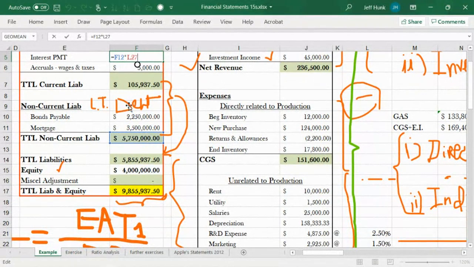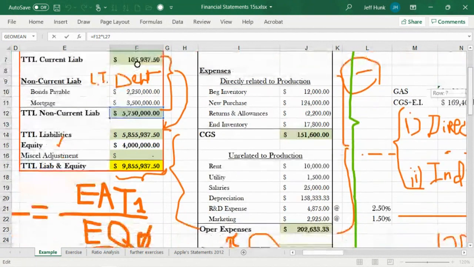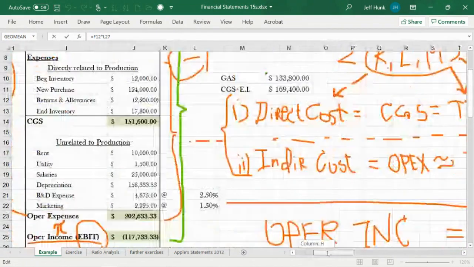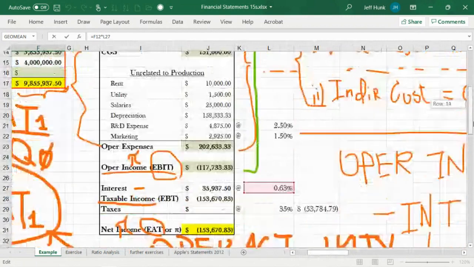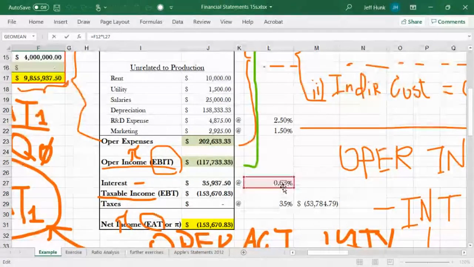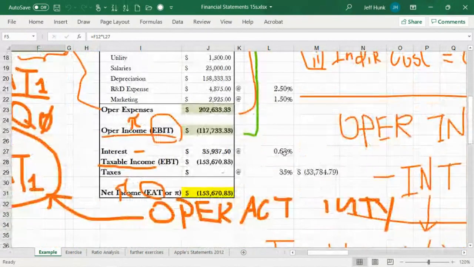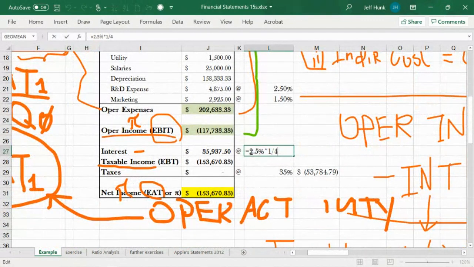Total non-current liabilities, meaning long-term debt, the long-term debt of bonds payable and mortgage. And L27 is the interest rate. How did I come to this interest rate? I used an assumption of 2.5% annual interest rate, divided by 4.